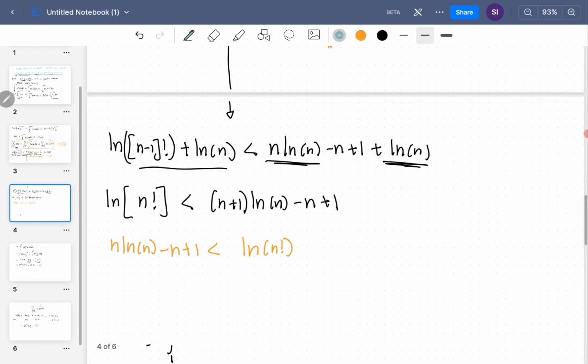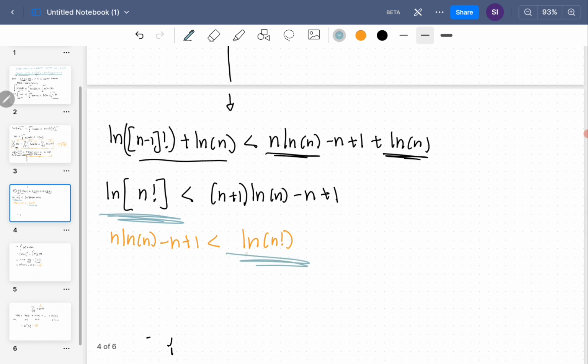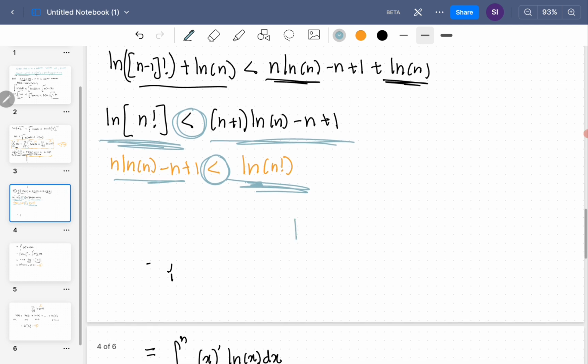Now, comparing these, we have a natural log of n factorial here and a natural log of n factorial here. Here we see that this natural log of n factorial is greater than something, and here we see that it's less than something. So let's put natural log of n factorial here.